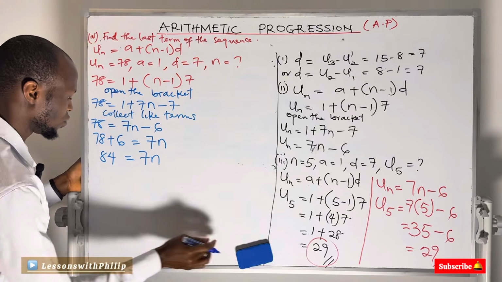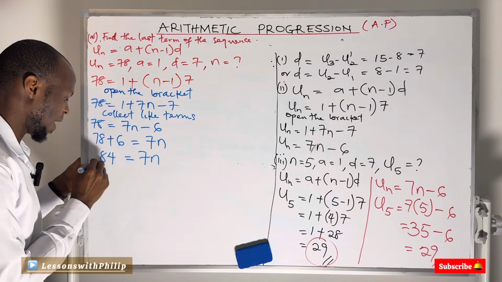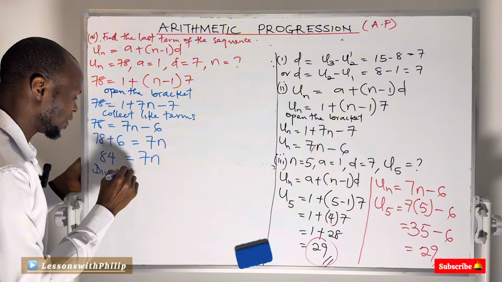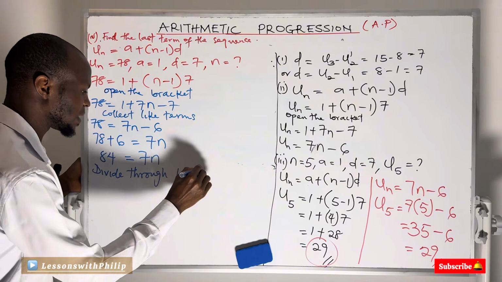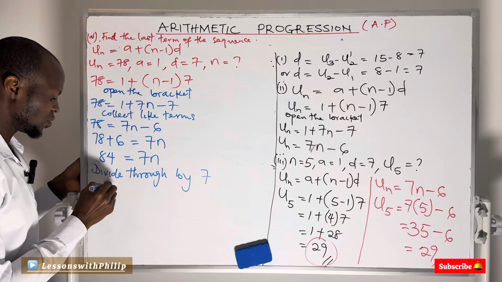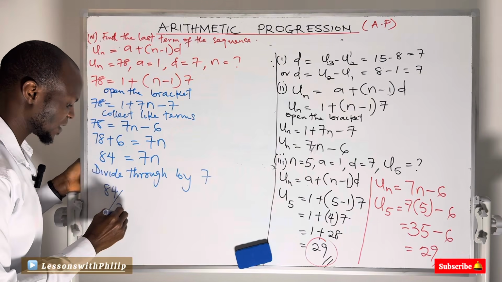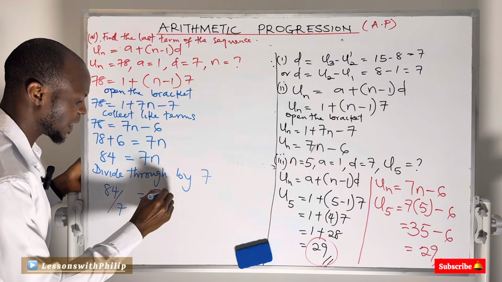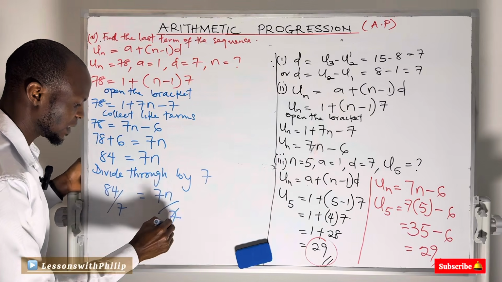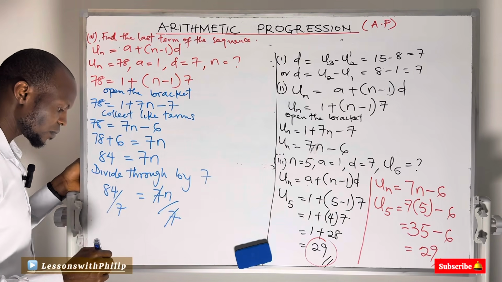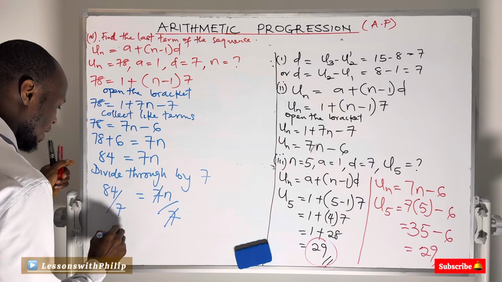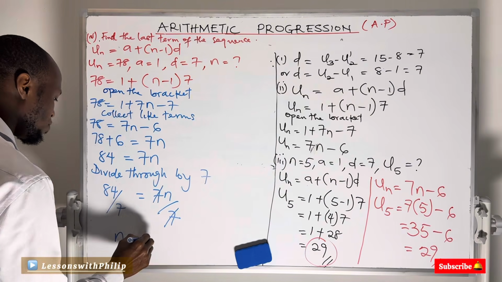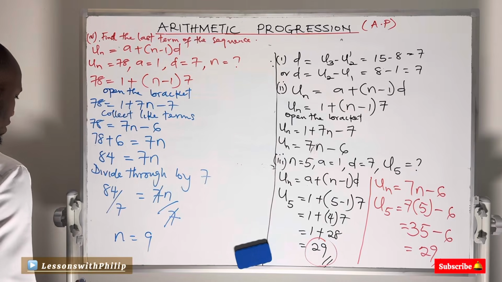How do you continue with this? The only thing you need to do to find your n is divide through. If you divide through the equation by 7, automatically you divide 84 by 7 and you divide 7n by 7. This 7 will cancel 7. Automatically, your n, I think your n should be equals to 9 or 8.